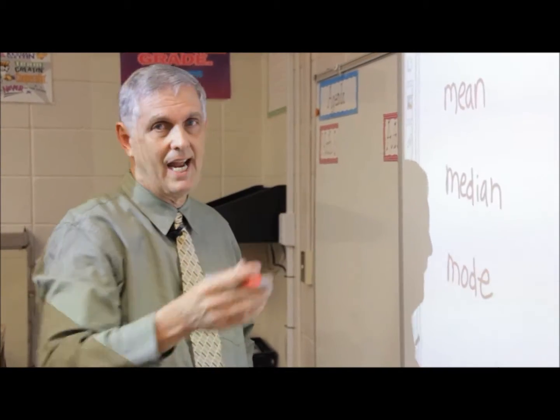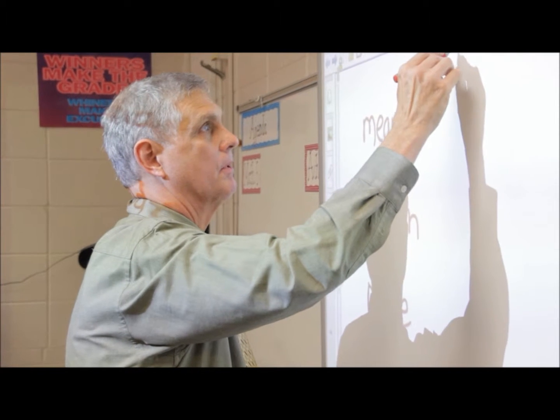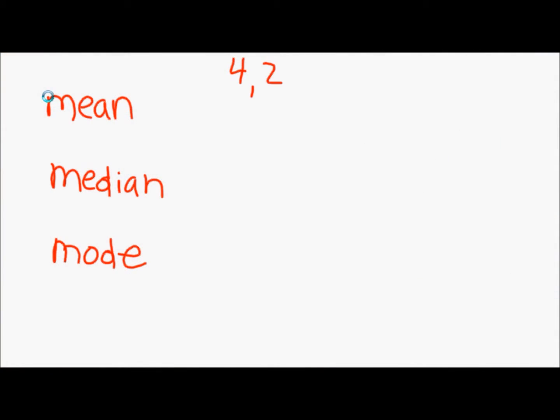The mean, or the average, of course, if you have a bunch of numbers, we'll just make up some numbers. Let's have 4, 2, 3, 9, 7, 7, 10. And this is some data that's been collected, okay?